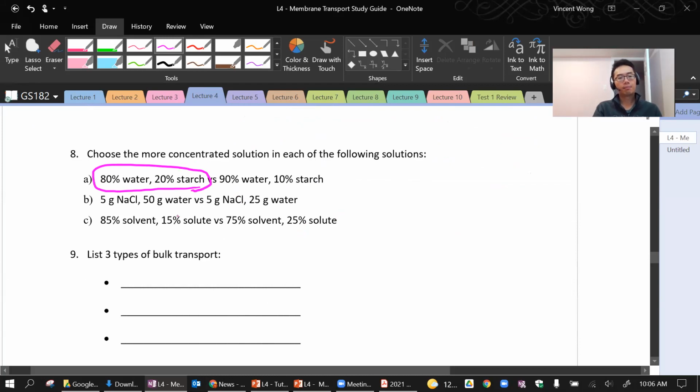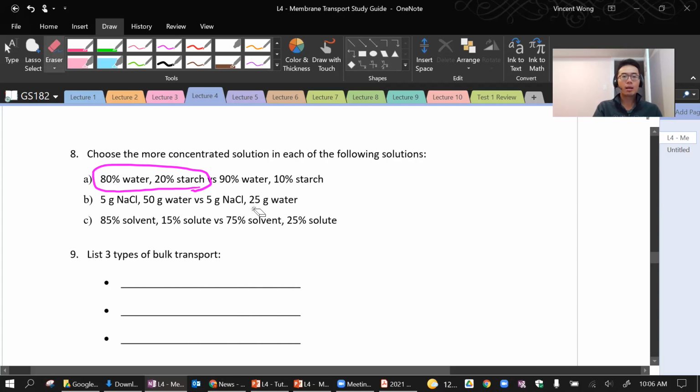Next one is maybe a little bit more complicated because you have to do a little bit of math. 5 grams of sodium chloride in 50 grams of water versus 5 grams of sodium chloride in 25 grams of water. Perhaps the easiest way is to change the water to the same amount. How do I get from 25 to 50? I would multiply by 2, right?